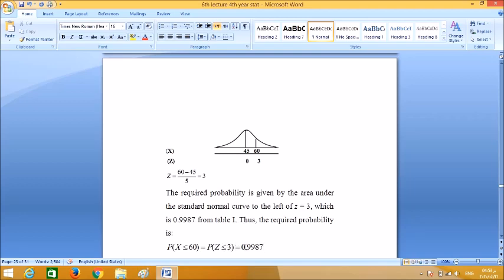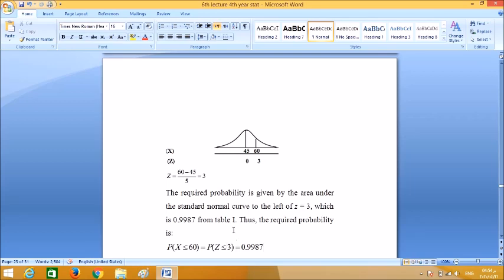This area from the table equals 0.998. Okay, so using the empirical rule, you can say that the area between 3 and minus 3 equals 99.7%.